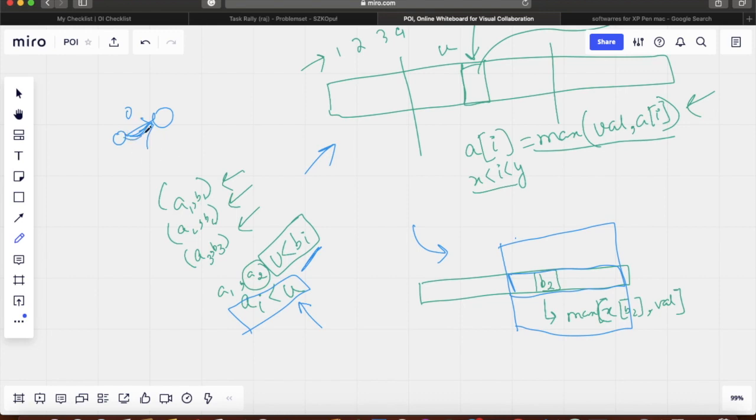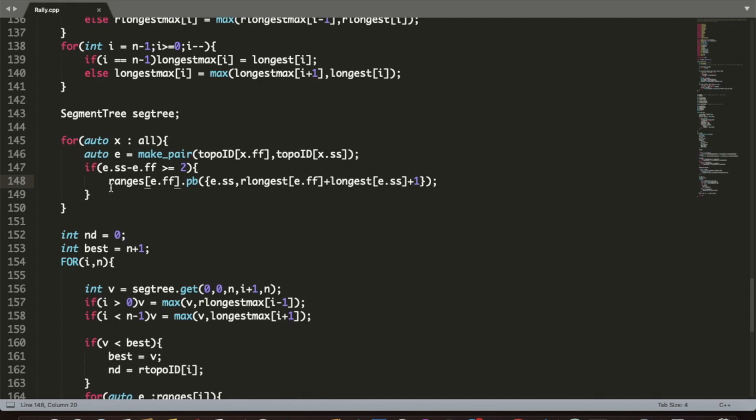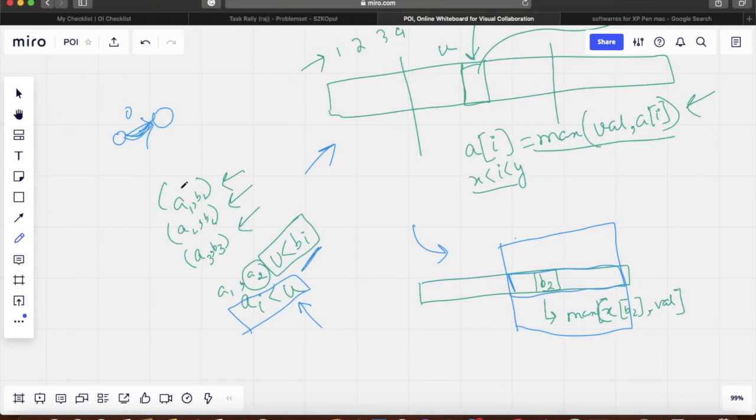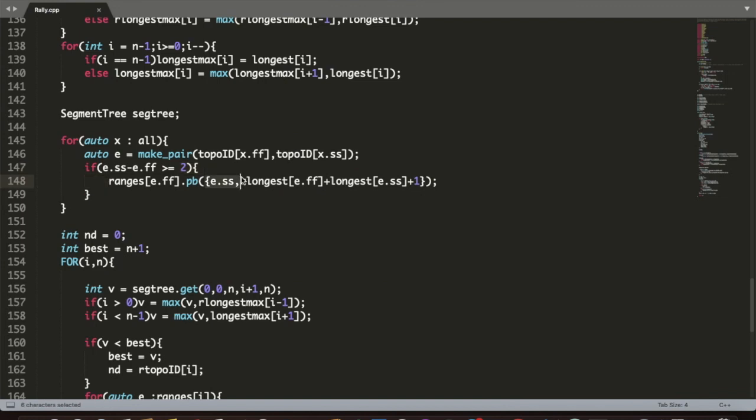I mean, this edge is not helping us to skip any node. So I have an array of ranges for every index. That is effectively the starting point. That means that when I am at a particular index, I know which ranges must be processed at this index. And then we also have where I'm going to place it in the segment tree and what is the value that I'm going to insert.